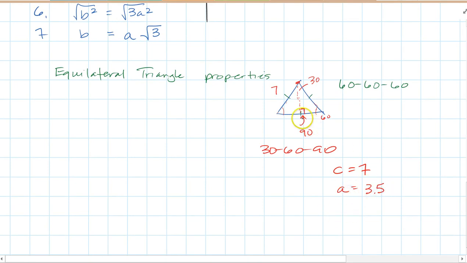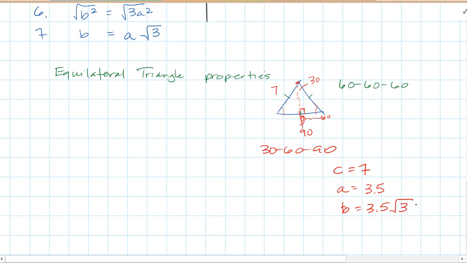And now my height, my B side, because it is across from the 60 degrees, so it has to be the middle length leg, is going to be B equals 3.5 root 3.